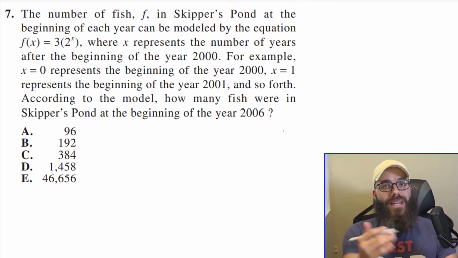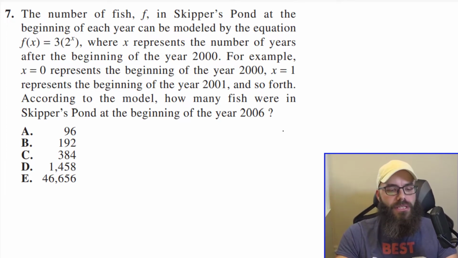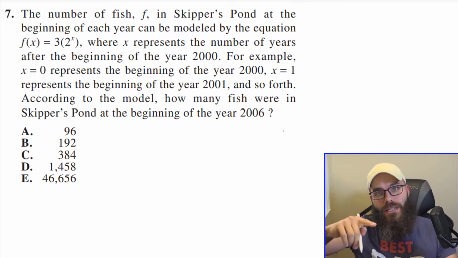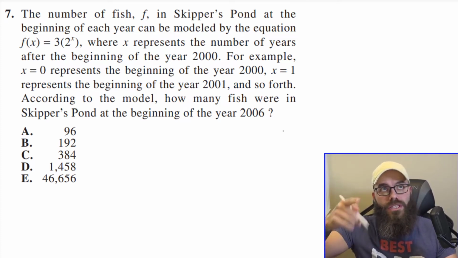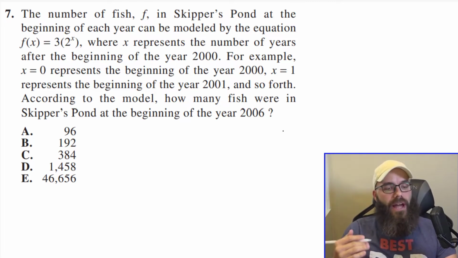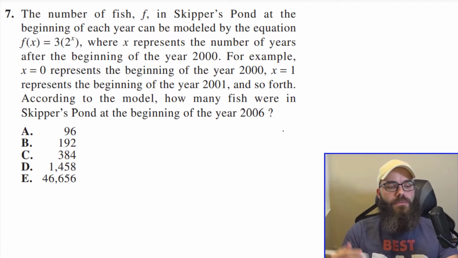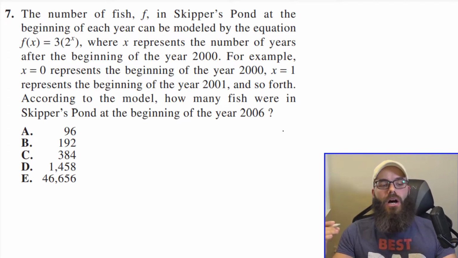For example, when x equals 0, that represents the year 2000. X equal 1, that represents 1 year after 2000, so 2001, and so forth. We're asked, according to the model, how many fish were in Skipper's Pond at the beginning of the year 2006?